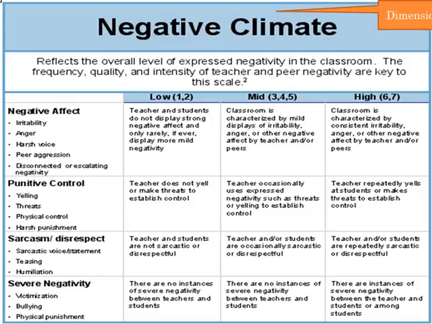If there's high negative affect, the classroom is characterized by consistent irritability, anger, or other negative affect by teacher and or peers. So in every other dimension, we want to be on the high range. On negative climate, we want to be on the low range, right? We want to have low negative climate.